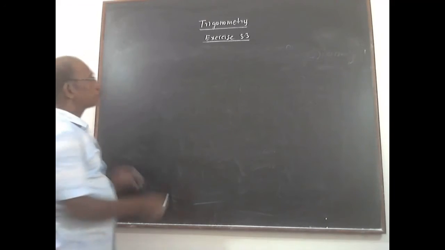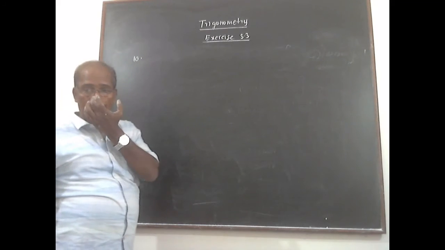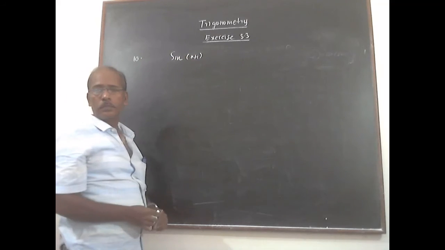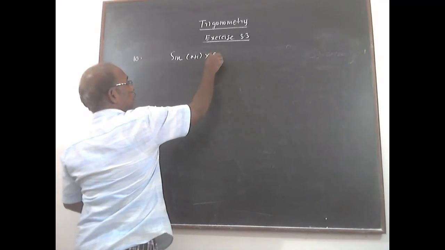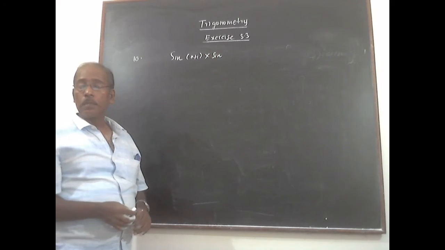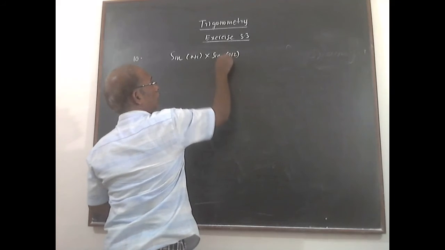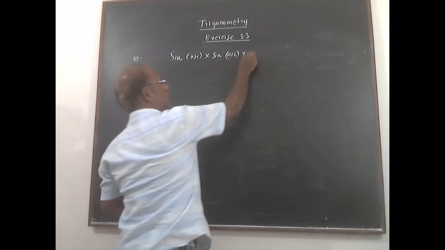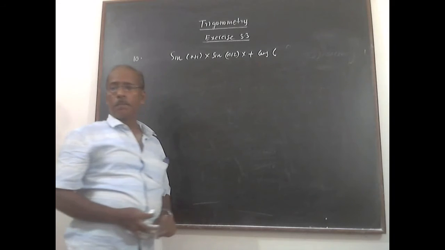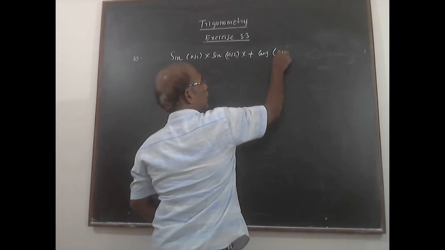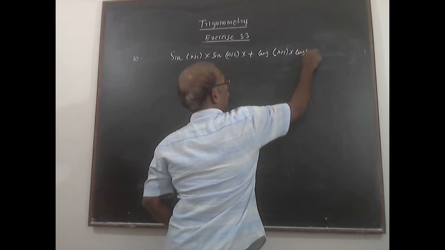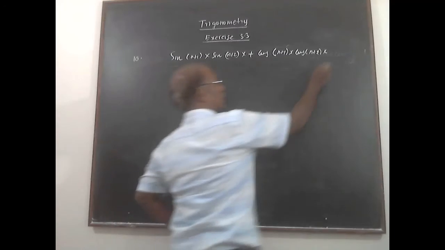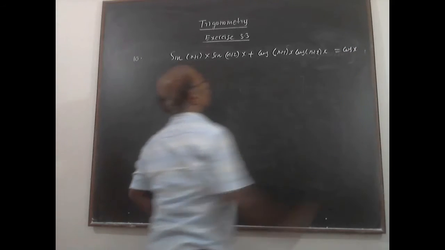Tenth question, prove that sine of (n plus 1)x and sine of (n plus 2)x minus, that is sin plus cos of (n plus 1)x and cos of (n plus 2)x, we have to show that this is cos x.